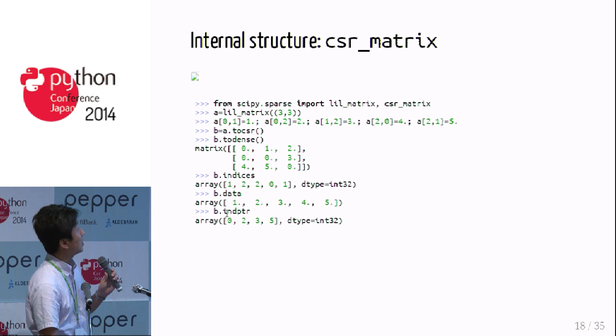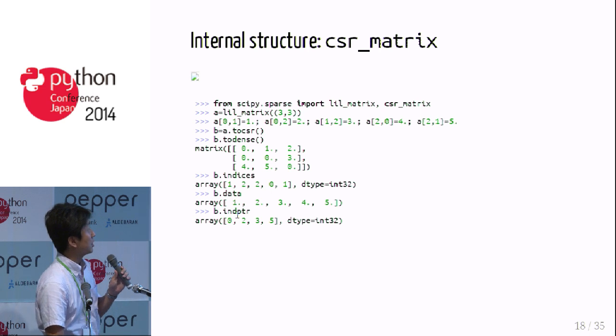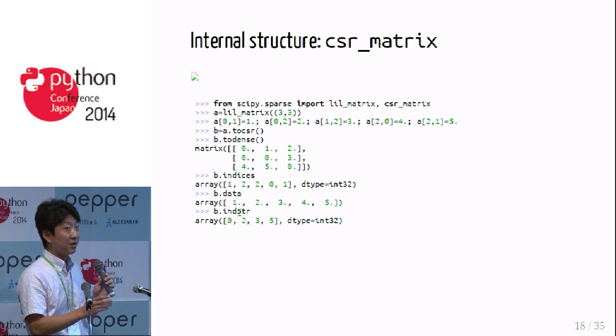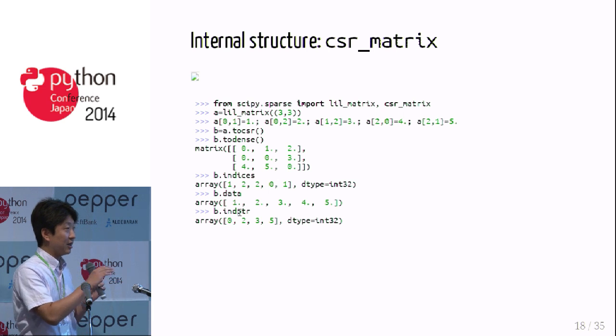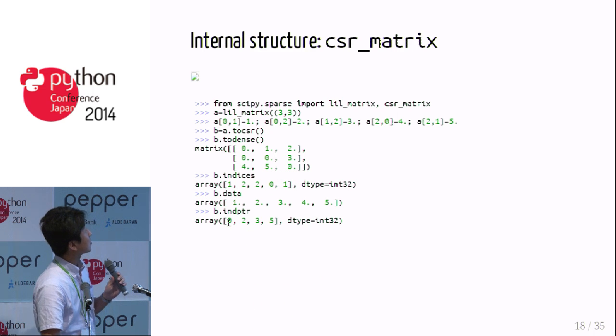And indptr, the pointer, expresses from where to where the elements are in a given row. In this case, index 0 to 1 means the first row.